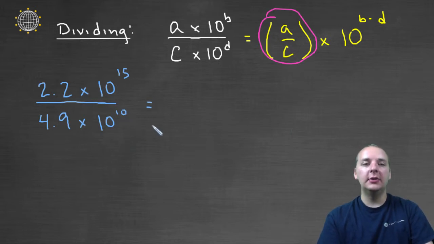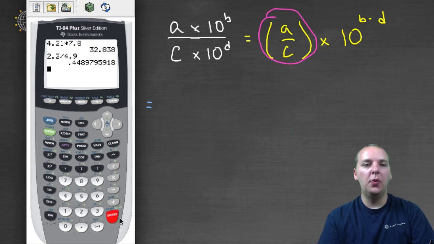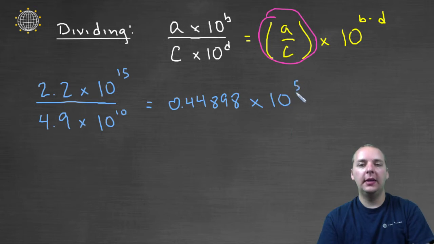Well, then for our answer, we would take 2.2 divided by 4.9, and we would get 0.44898 times 10 to the 5th. That's 10 to the 15th divided by 10 to the 10th.